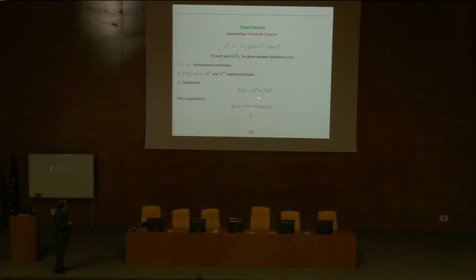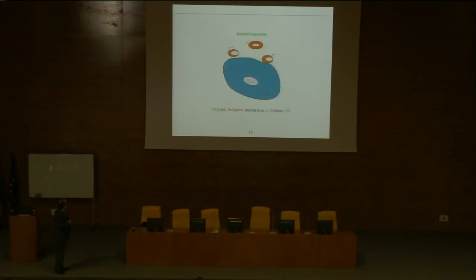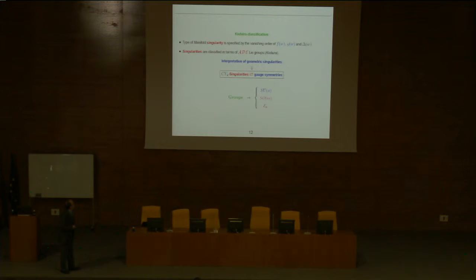And then the zeros of this discriminant give the fiber singularities. And if we go back to the previous figure, we see that we have a pinched radius here of the torus. And this red point means that we have the singularity. And it is exactly the point where the 7-branes intersect our surface.